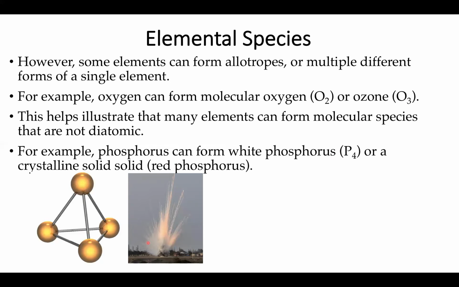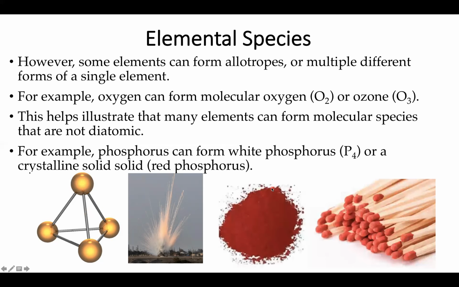So a lot of high-powered explosives will make use of white phosphorus as it's fairly unstable. However, there's another form of pseudo-unstable phosphorus, which is crystalline red phosphorus. So this is a crystalline phosphorus solid, and you probably know it from match heads. So it turns out in both cases, phosphorus would much rather react than stay on its own. And we'll talk a little bit more about the reaction of phosphorus when we talk about combustion.